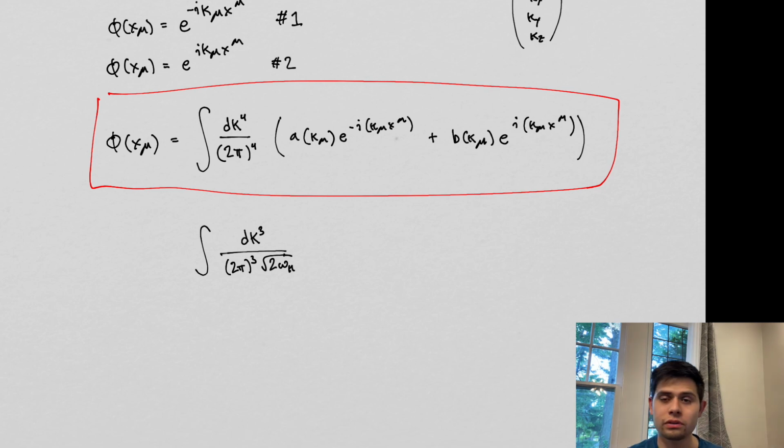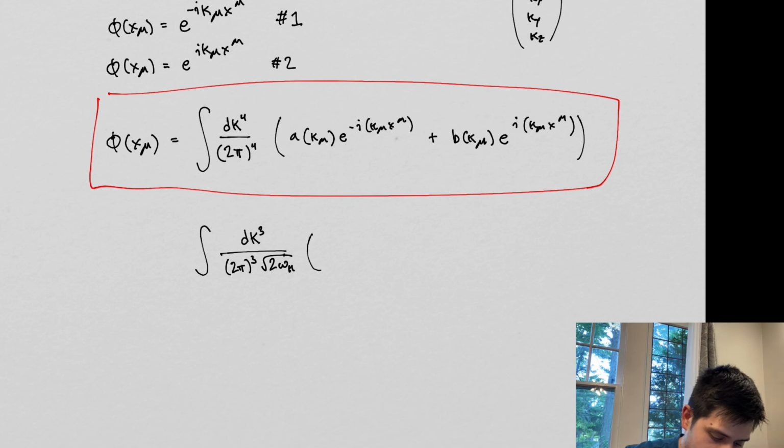But when we take out the temporal component, that leaves us with just summing over spatial components, like we're doing here. We have the same deal where we have a of k, e to the i k x.